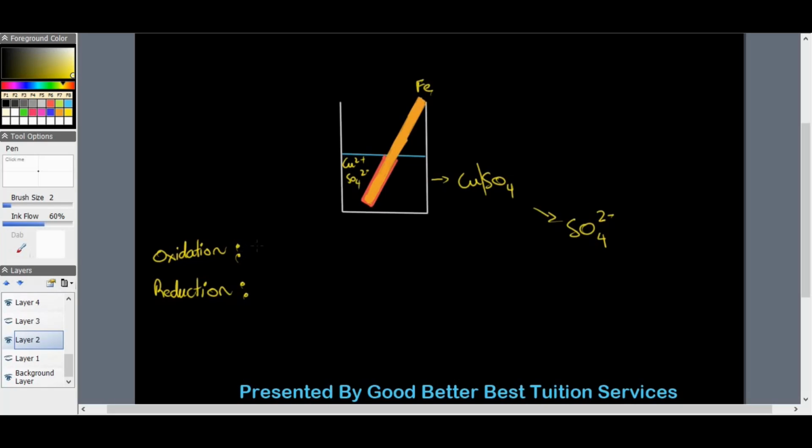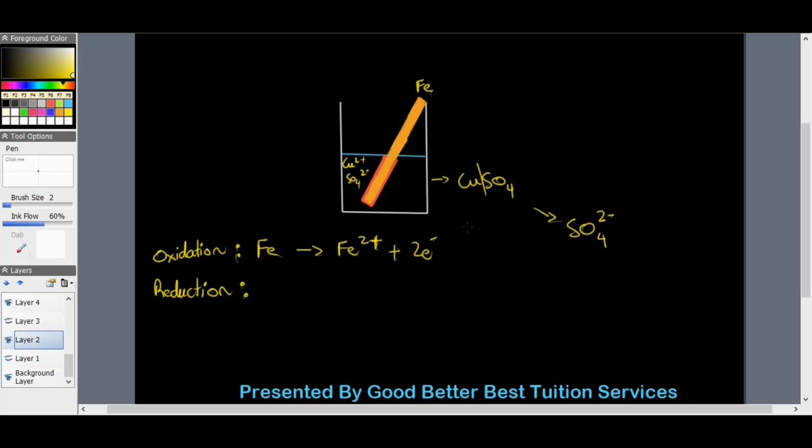So our oxidation reaction would be iron, Fe, because it came in as Fe, which becomes Fe2+ plus 2 electrons. Now electrons are negative, of course, showing that electrons are being produced.